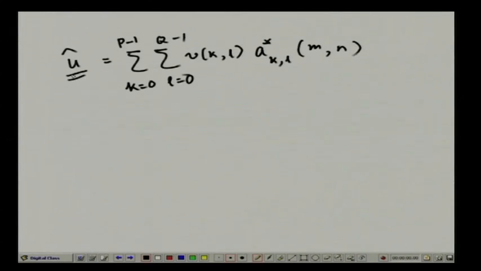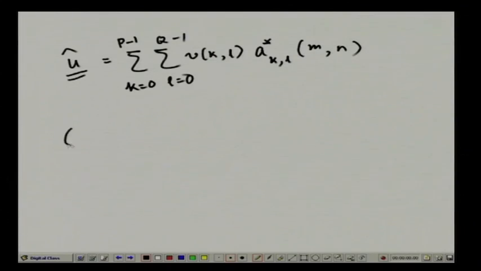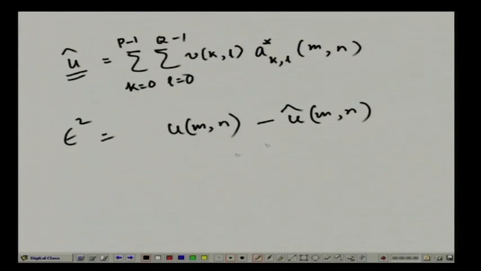Obviously, this u hat is not the exact image, it is an approximate image, because I did not consider all the coefficient values. The sum of squared error will be given by epsilon square equal to the summation over m, n varying from 0 to N minus 1 of the square of u m n, that is the original image, minus u hat m n, which is the approximate reconstructed image.